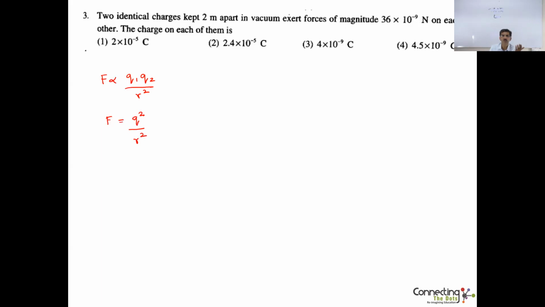And the proportionality constant is 1 because they're kept in vacuum. So by substituting the values, 36 into 10 to the power of minus 9 newtons is equal to Q square, and the permittivity in vacuum is 9 into 10 to the power of plus 9.